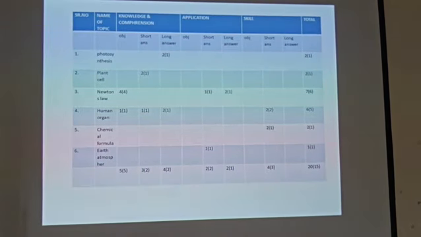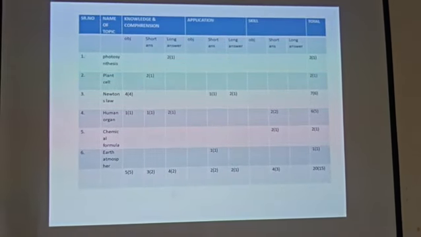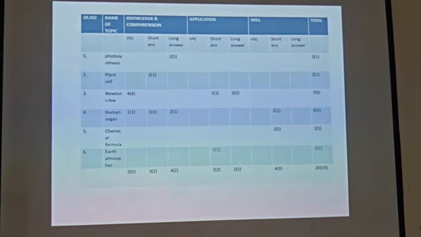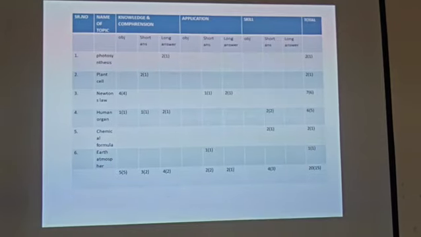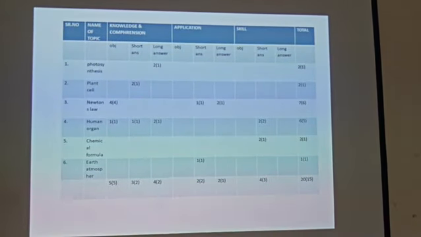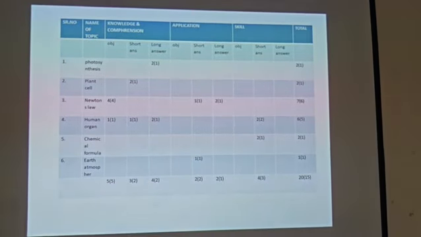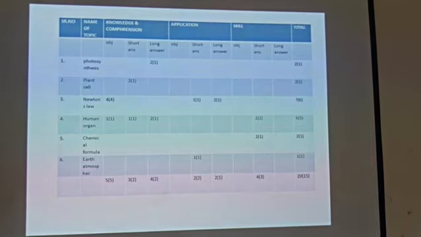Now this is also the format of a blueprint, in which the name of topic, knowledge and comprehension based questions, application based questions, skill based questions and how much weightage is given to each is given in this chart. Topic name, photosynthesis.